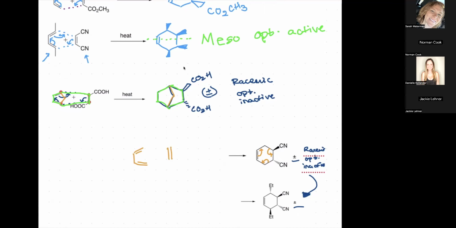One CN is facing out and the other one's in, so it's like an S. Yeah, like an S, exactly. Something that might be helpful to think about is, when you're dealing with dienes, having in and out, and then with your dienophiles, left and right.